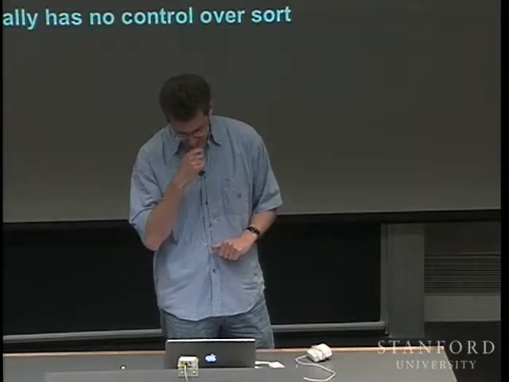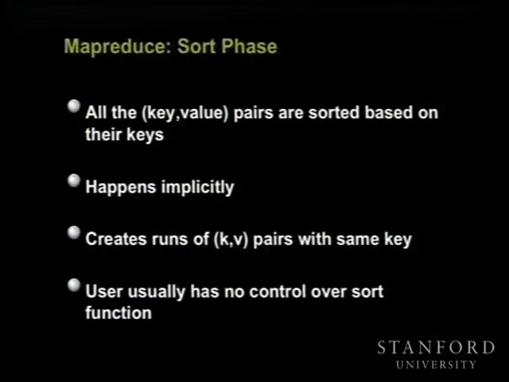And the sort phase, again, relies on two things. Since you usually have no control over the sort phase, you have to output in a standard key format so that the library can sort on it, and usually that's just a 32-bit or 64-bit integer.